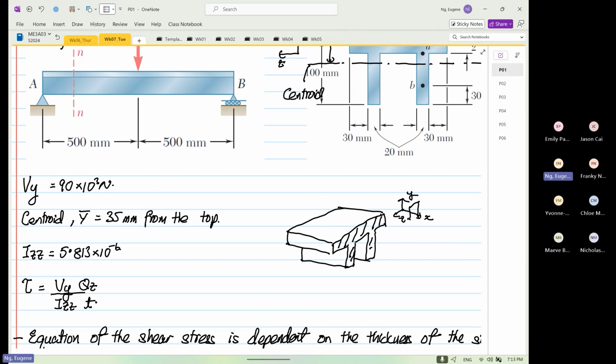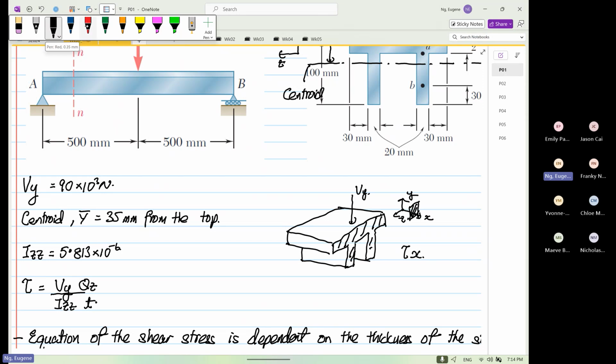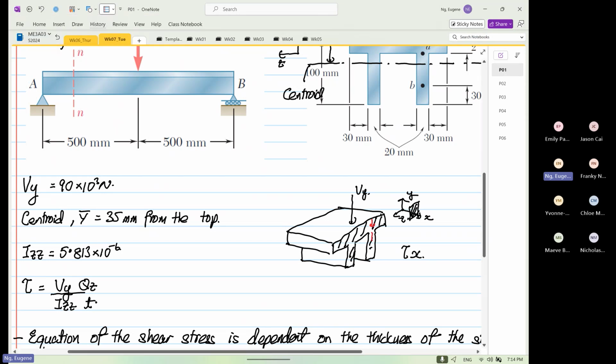Will intersect the X-axis. So that's why you have shear. The intersecting is X, and then the shear force Vy will generate a shear stress flowing down in this direction, or the shear flow will be coming down in this direction.